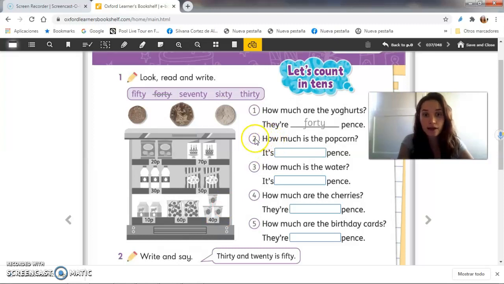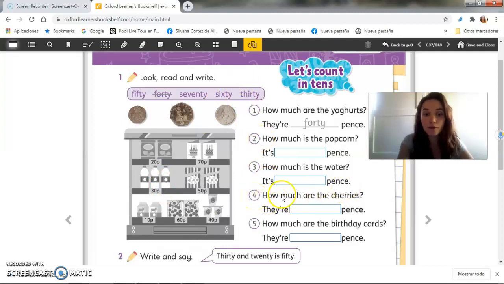Then, how much is the popcorn? Look at the popcorn. Here. How much is the popcorn? Yes, it's 50 pence. Then, how much is the water? ¿Cuánto sale el agua? Very good. 30. It's 30 pence.